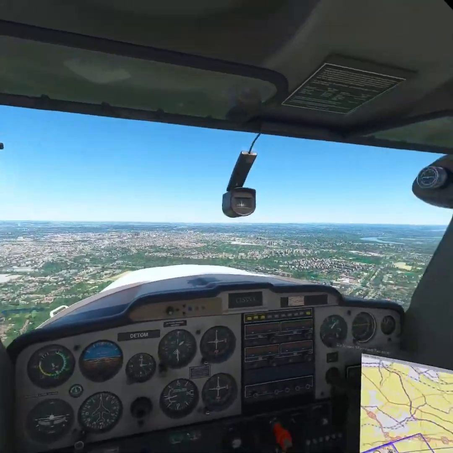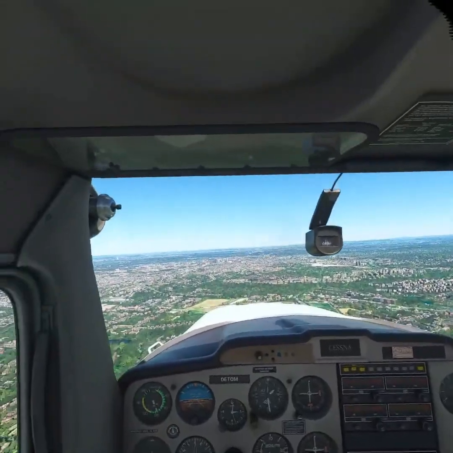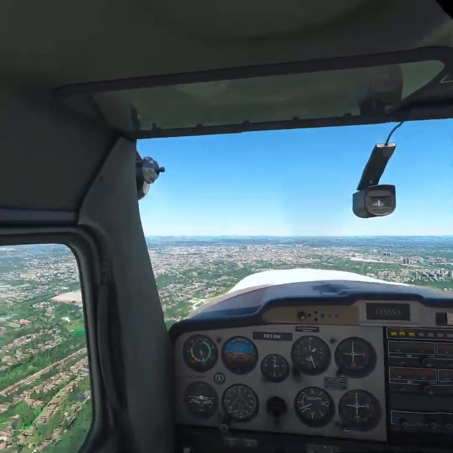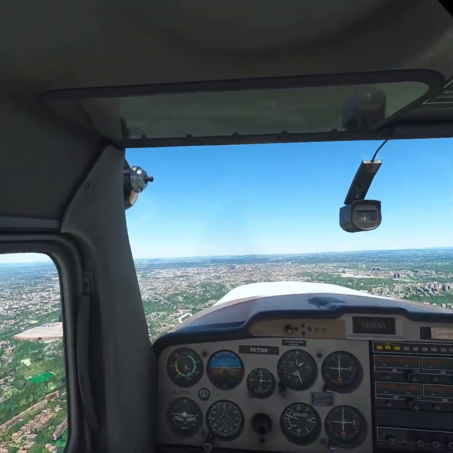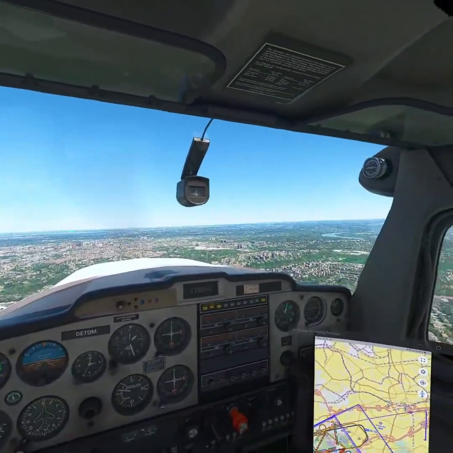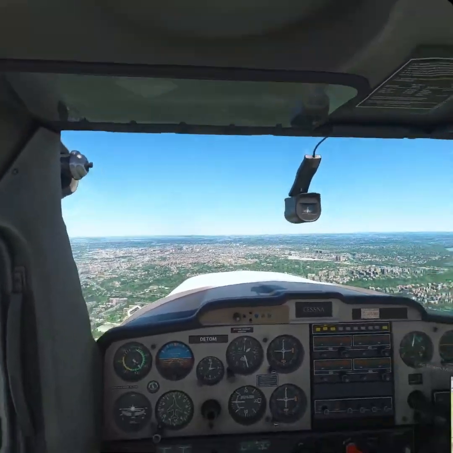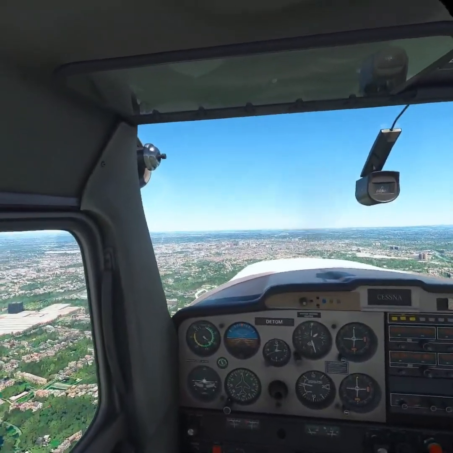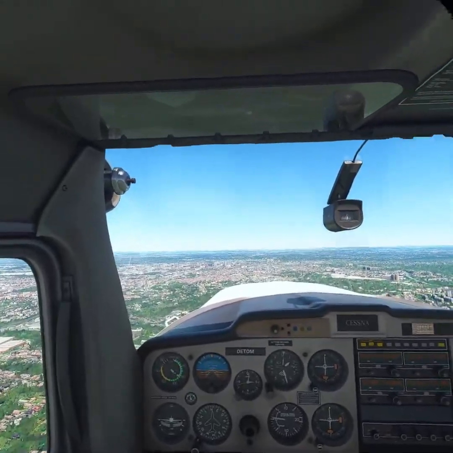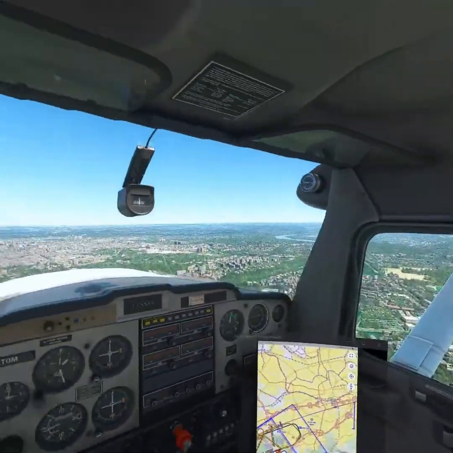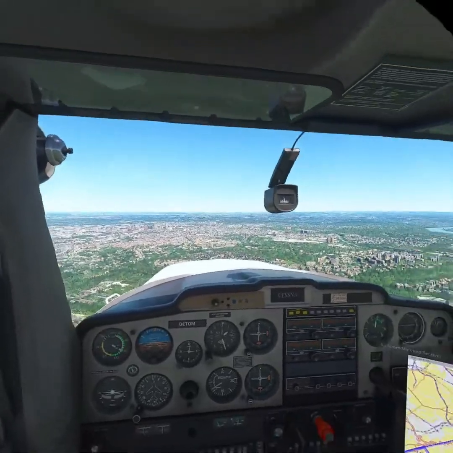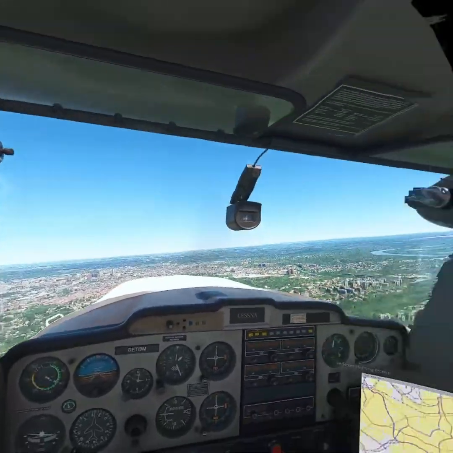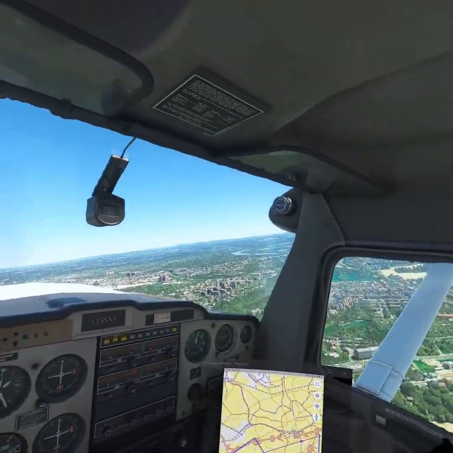So at this point, it is my visual cue to reduce my RPM to 1900 RPM and to a speed of around 70 knots. And I'm gonna maintain my altitude at this point, which means that my airspeed is gonna decrease. White arc, and this is my visual cue for the first notch of flaps.